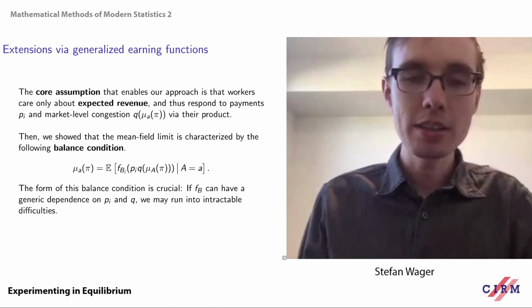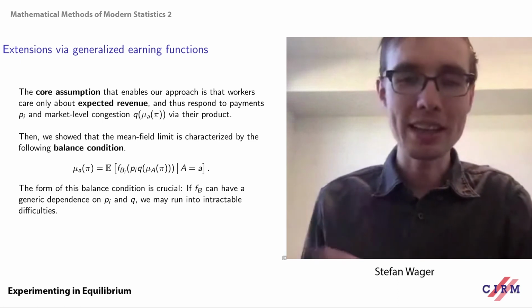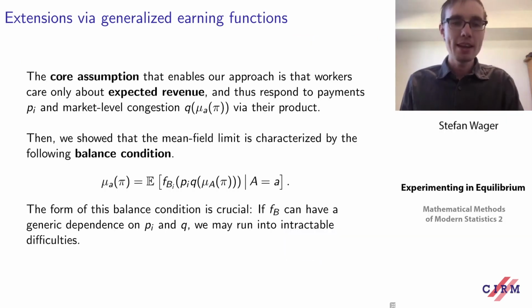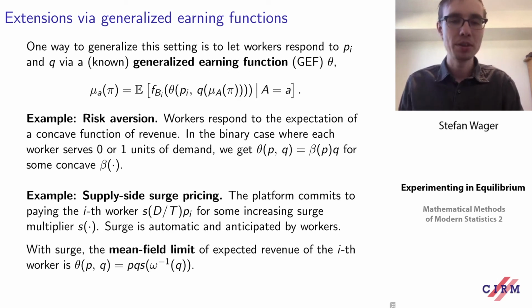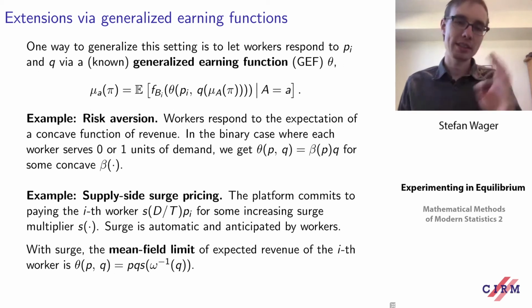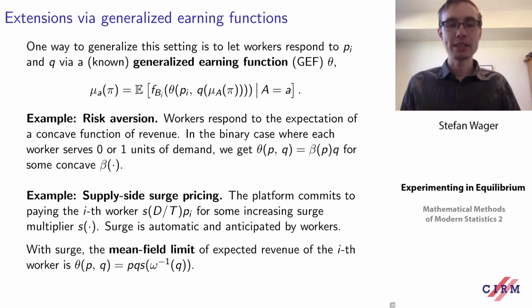This bothers me a lot. The question is, can we do anything if this assumption fails? If this function f can depend arbitrarily on p and q, then it's much harder, and I don't know what to do. But there's an interesting in-between case: if this activation function f depends on a generic bivariate function theta of p and q that's known. For example, it could capture risk aversion.